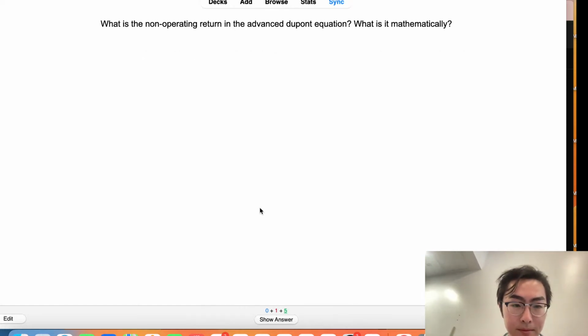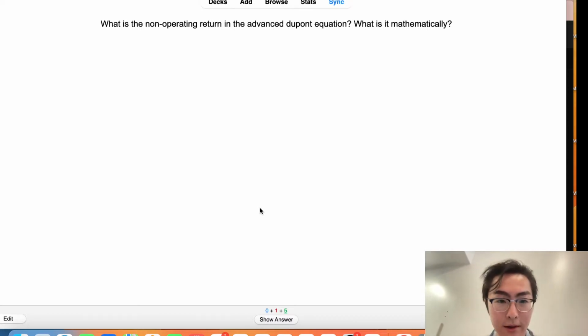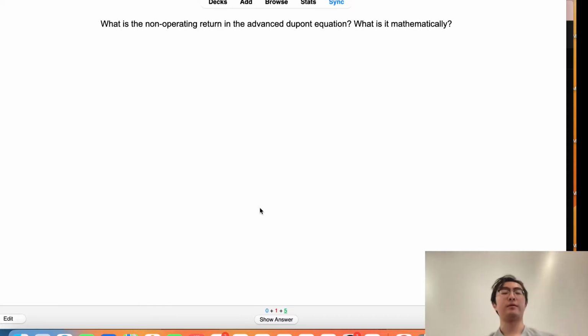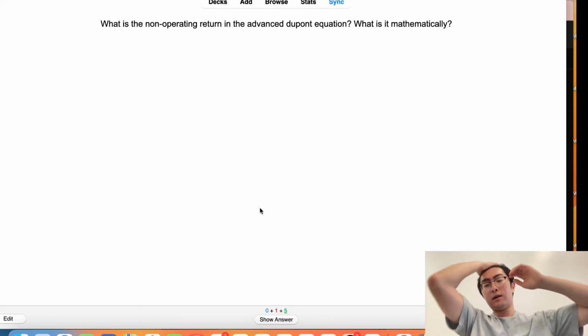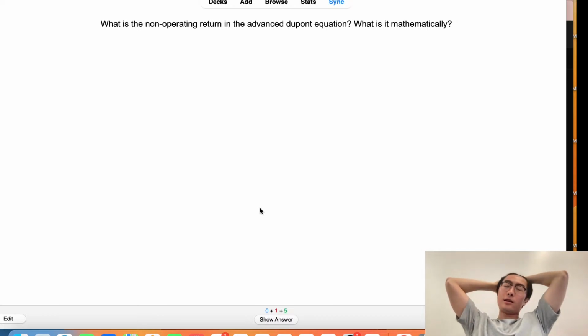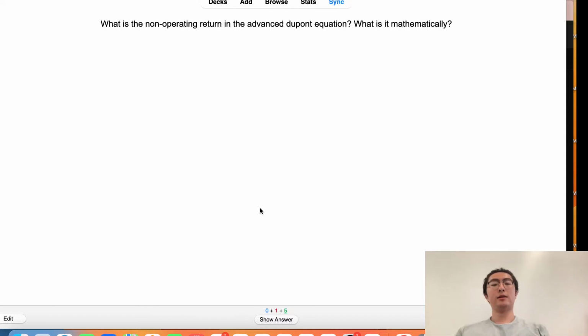Okay. What is the non-operating return in the advanced DuPont equation? What is it mathematically? The non-operating return is the idea of how much you are making as a company using the assets that are financed by debts.